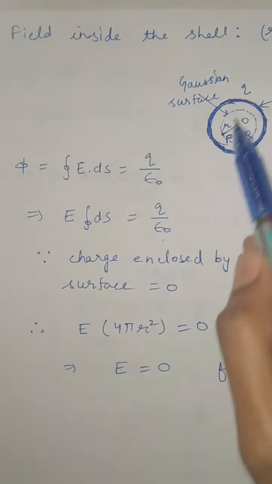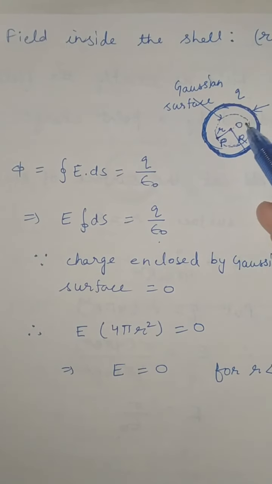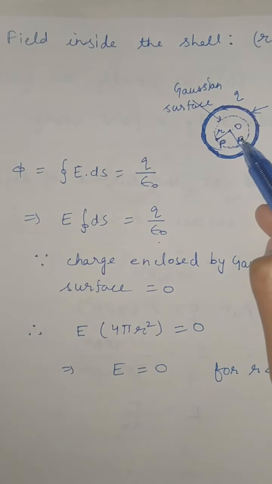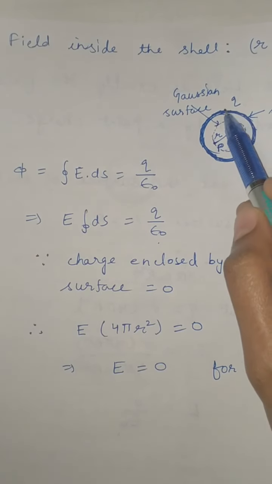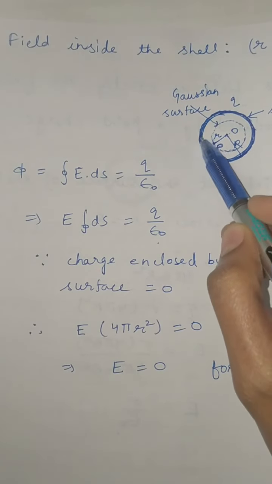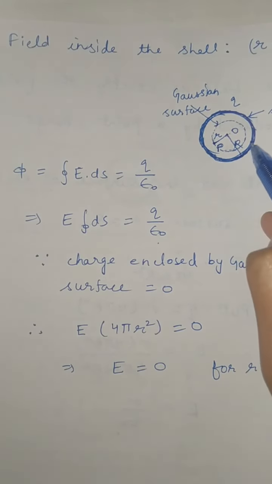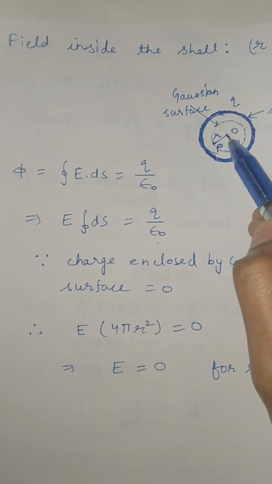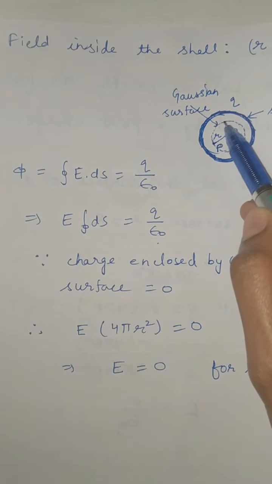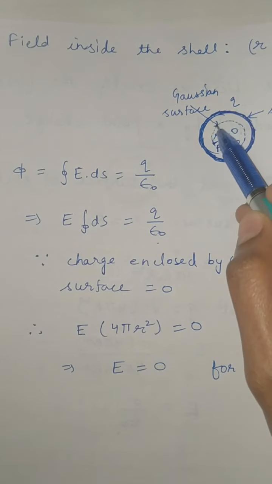But in this case, the charge enclosed by this Gaussian surface is 0, because the whole charge is on the surface of the shell only, and there is no charge inside this Gaussian surface.